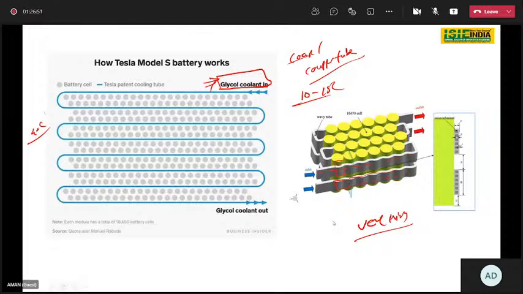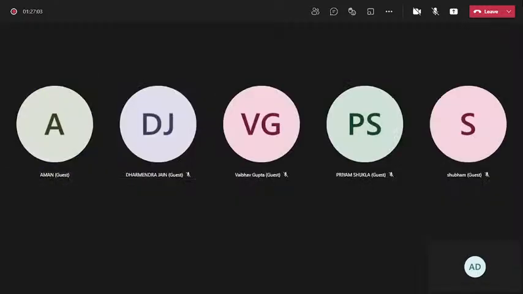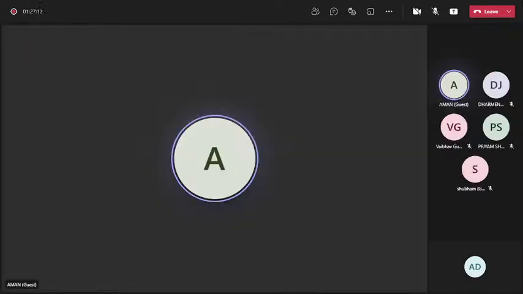Okay, so now let's see some simulation that I have done. I did the simulation along with one of my guides, so I'll show the simulation. I hope the screen is visible.